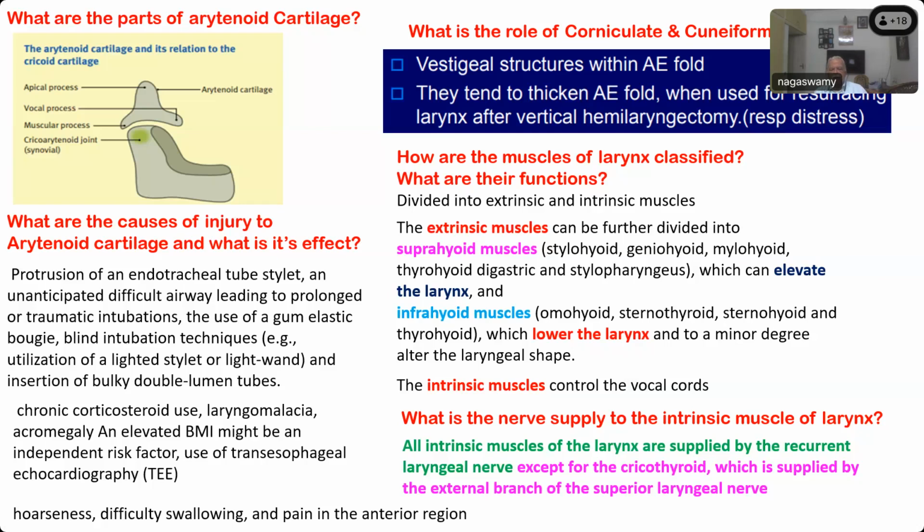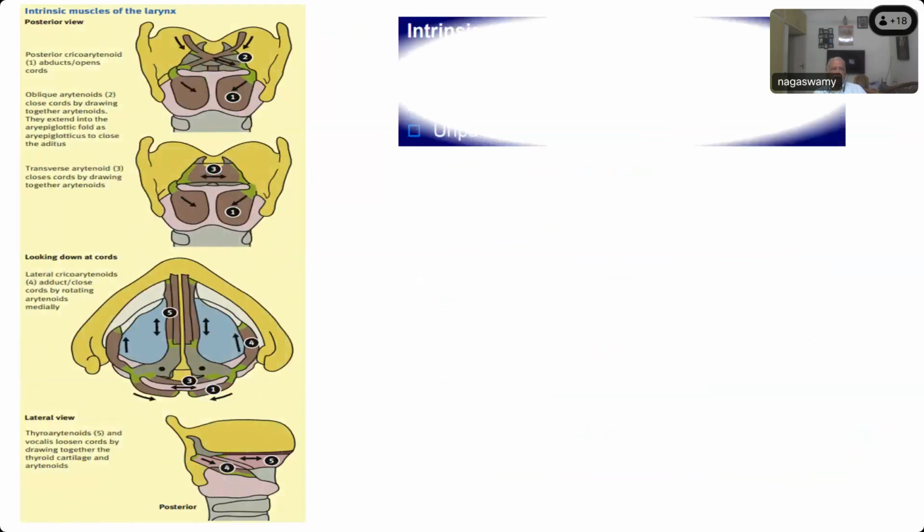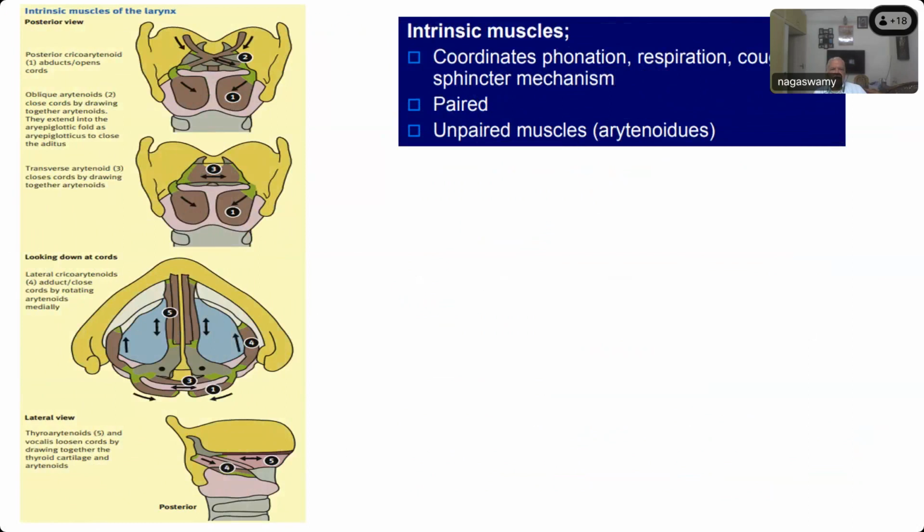All the intrinsic muscles except cricothyroid, that is the muscle attached between the cricoid and the thyroid cartilage, are supplied by the recurrent laryngeal nerve, whereas the cricothyroid alone is supplied by the external branch of the superior laryngeal nerve. If this knowledge is known, you can find out how these various actions work.